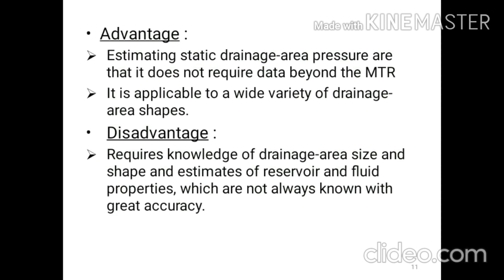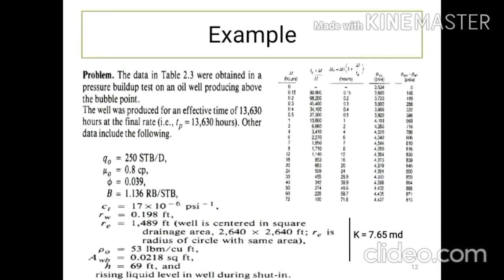Let's take one example to find the average reservoir pressure so you can easily understand. The problem is given in John Lee's book. The well was produced for an effective time of tp equal to 13,630 hours at a final rate.